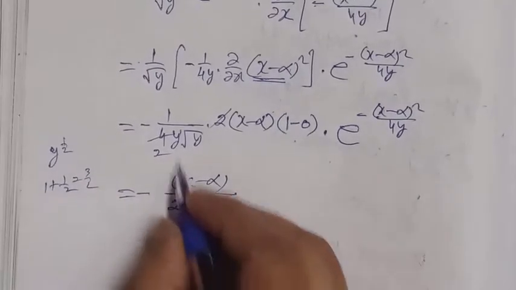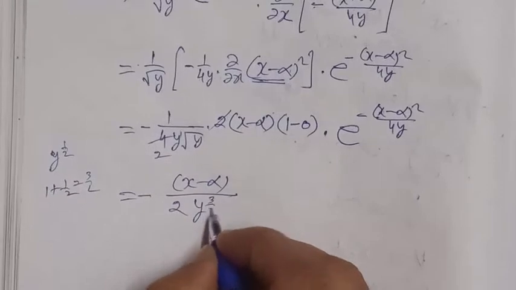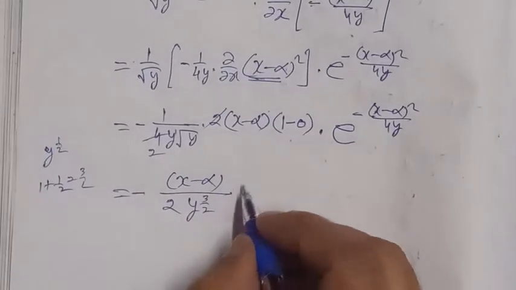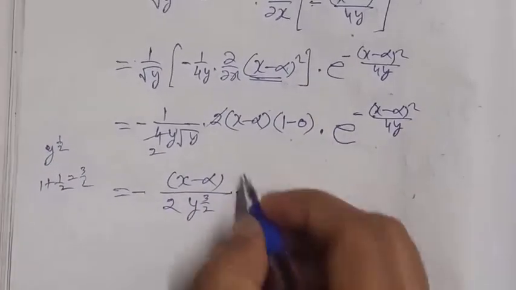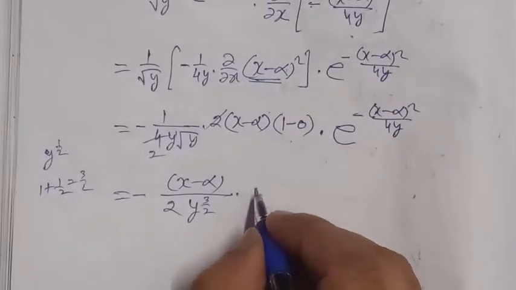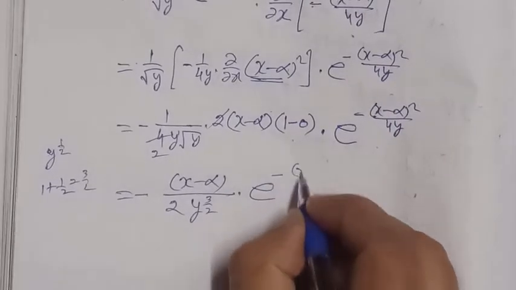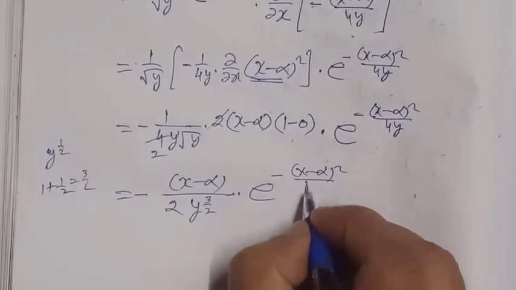So the degree of y is here y to the power 3 by 2. Now we have to write this value only, e to the power minus (x minus alpha) whole squared upon 4y.